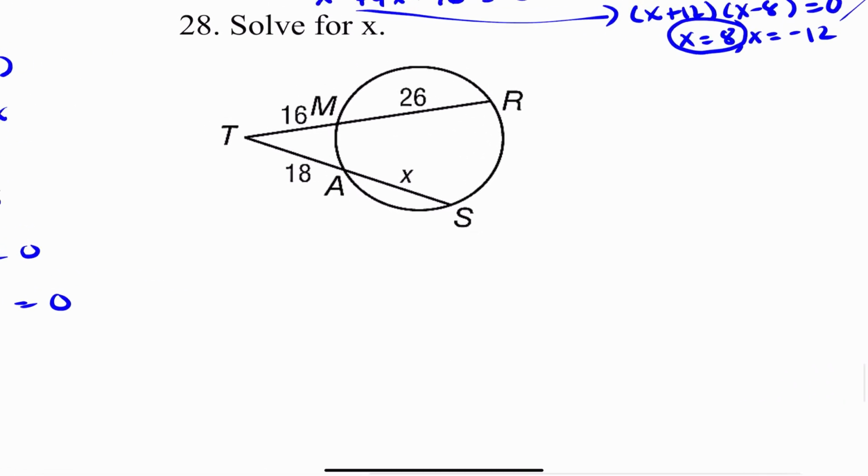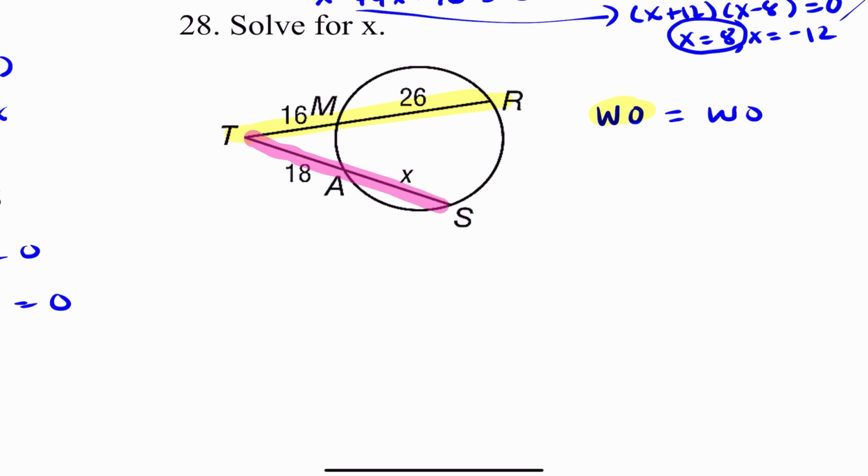Number 28, solve for x. Okay, so we have two secants. So I'm going to use whole times out equals whole times out for this one. We're going to highlight this segment in yellow, and we're going to use that whole times out.